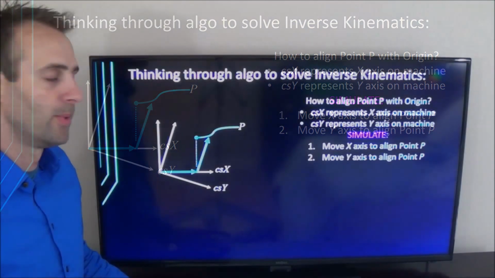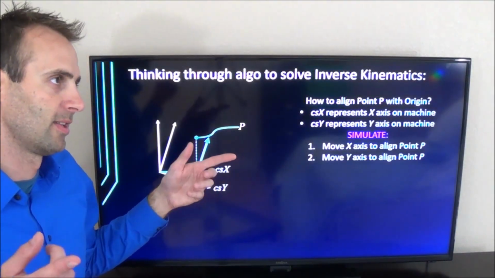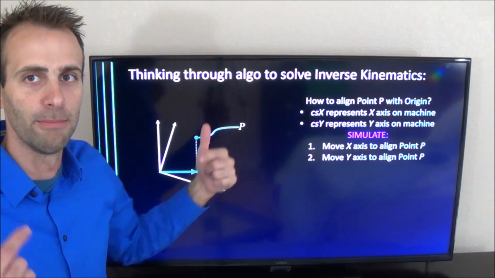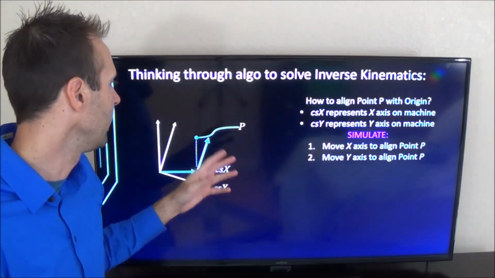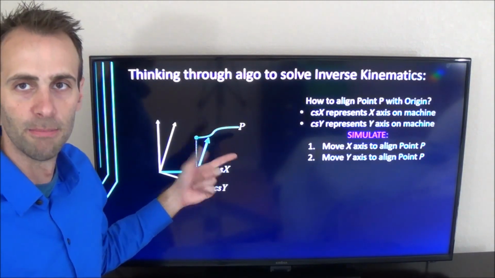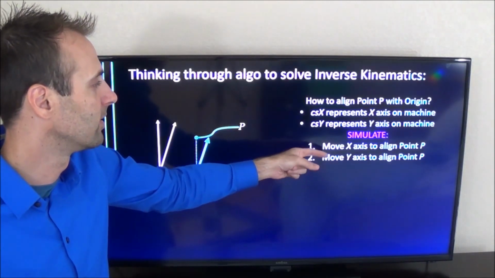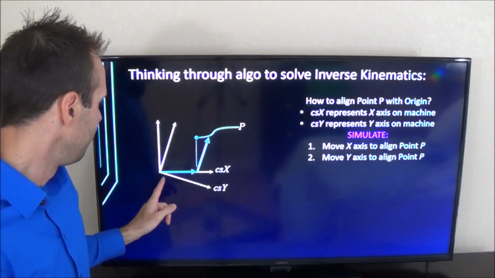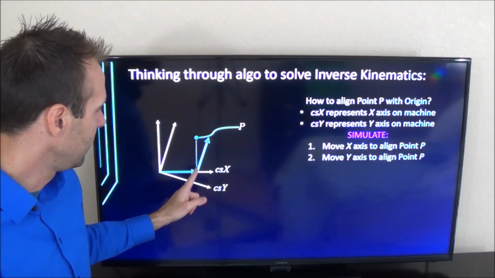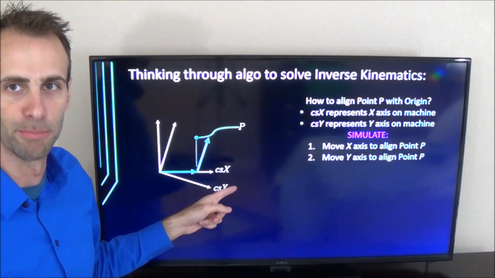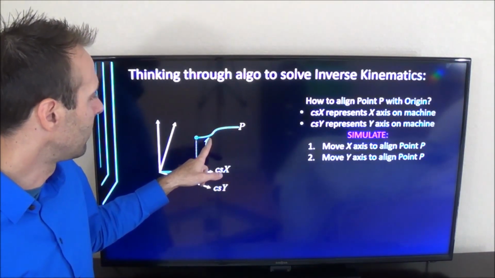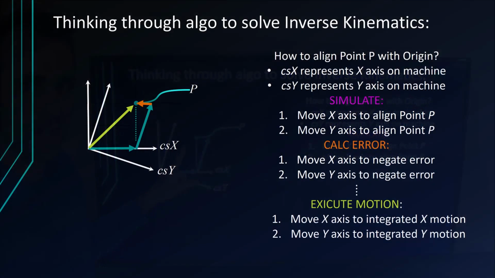But that's okay. So what I do is I simulate the move, right? Because I can guess a number and then recalculate and then find out where I am, basically what my error is, right? So I simulate my move, and I just take the X and Y coordinate of that part and punch it right in. And then like I said, oh, I'm here, not here, right?